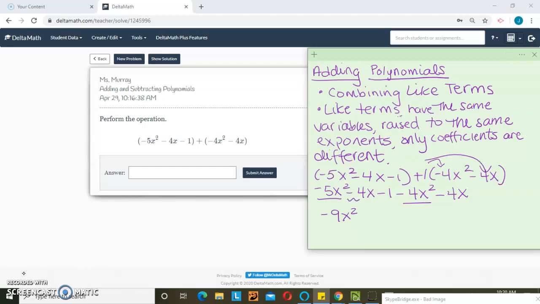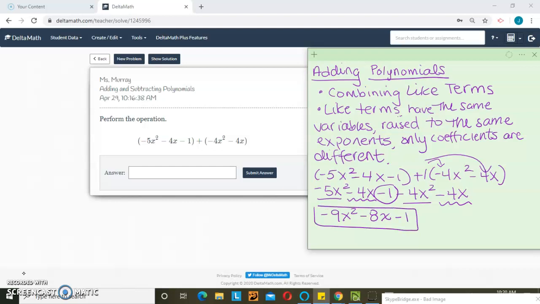Then I have a negative 4x and a negative 4x. They're both negative, so negative 4 and negative 4 is negative 8, keep the x. And I have nothing to go with this negative 1, so I'm just going to bring it down. My final answer is negative 9x squared minus 8x minus 1.